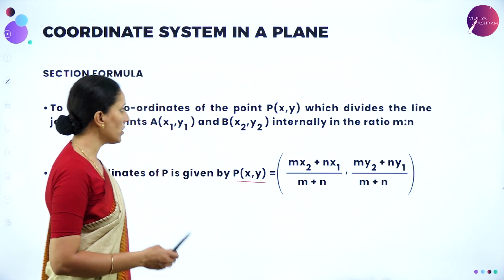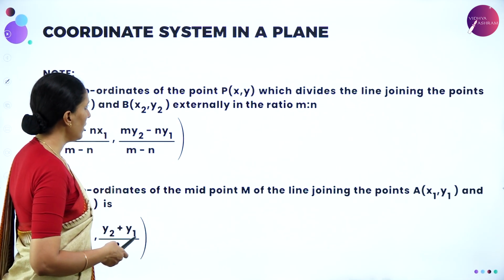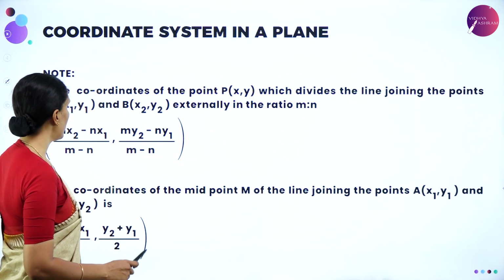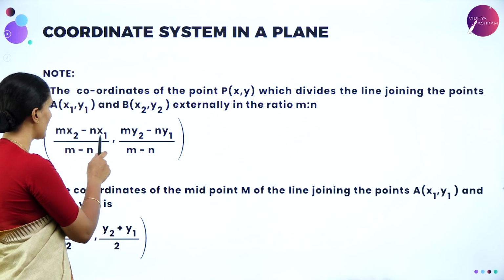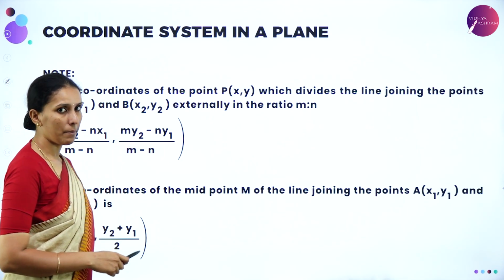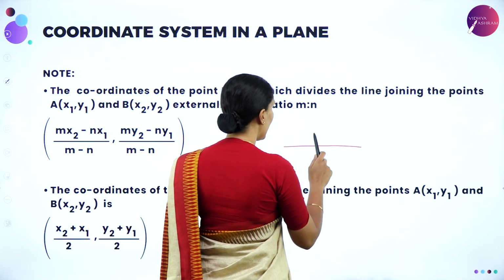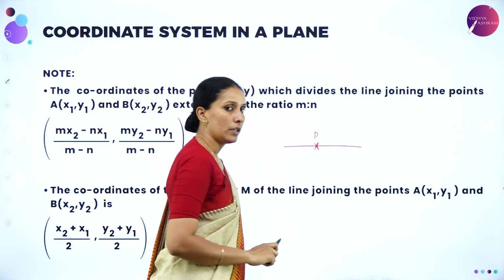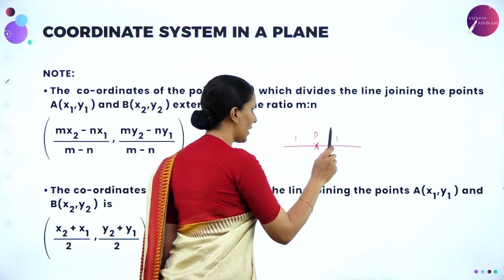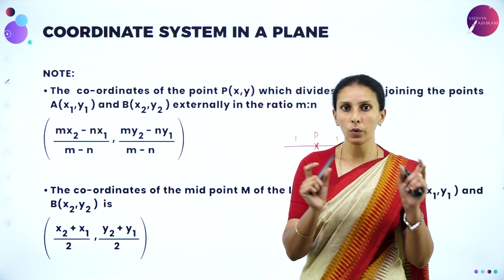Now suppose the same point divides them externally. Then the same formula can be written in the form of (m x2 minus n x1) by (m minus n), (m y2 minus n y1) divided by (m minus n). Now suppose point P exactly divides in the middle. Then the ratio between them will be 1:1 because it will be an equal distance.